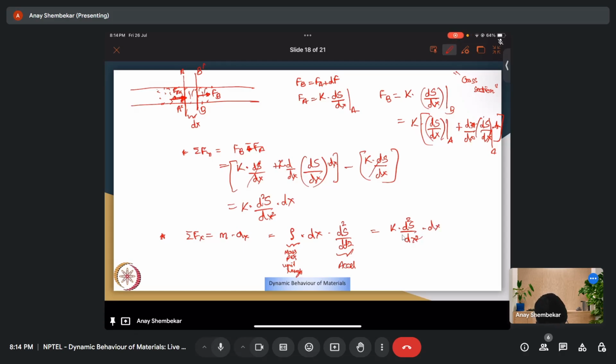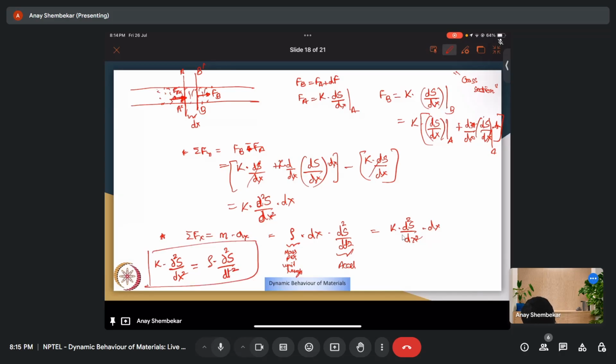Here we have taken S as a parameter which indicates the displacement at a particular cross section. Basically, if I move this around, I should get something of the form k times dou square s by dou x square is equal to rho times dou square s by dou t square.